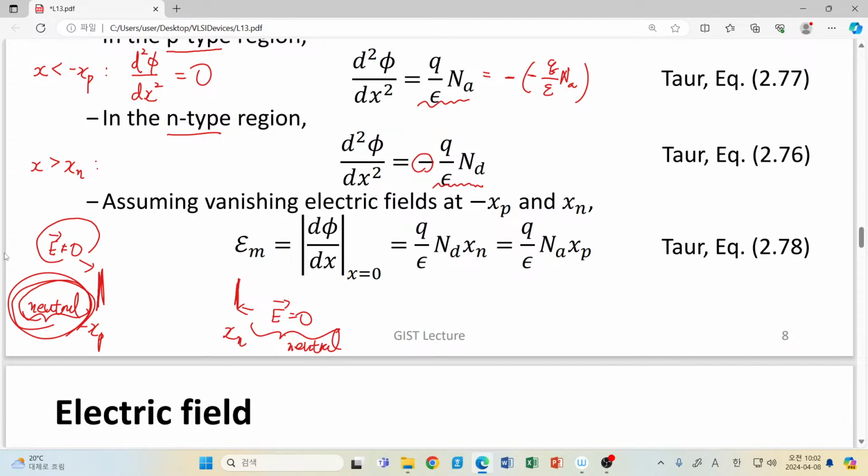So if we assume these two cases, where this part is neutral and we have a non-zero electric field, it means that even when we go very far away from the depletion region, we will have exactly the same electric field at that point.